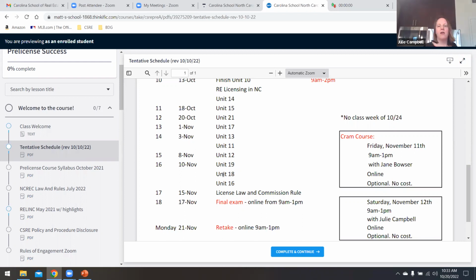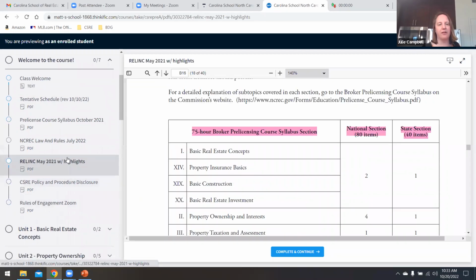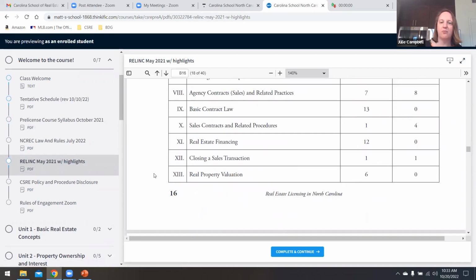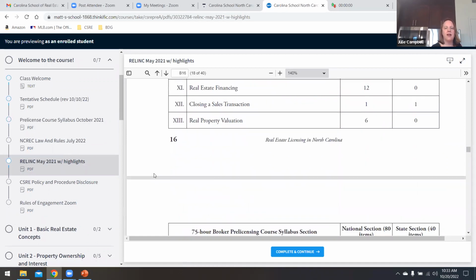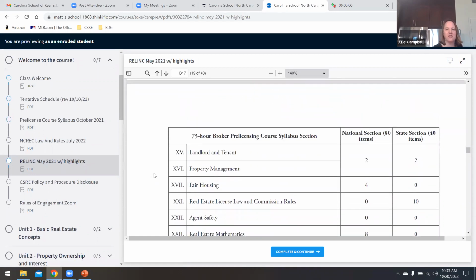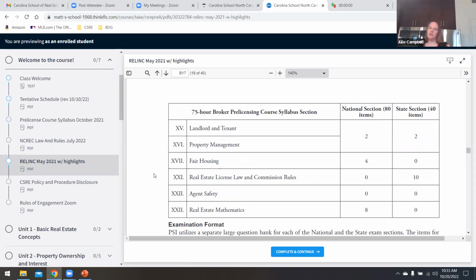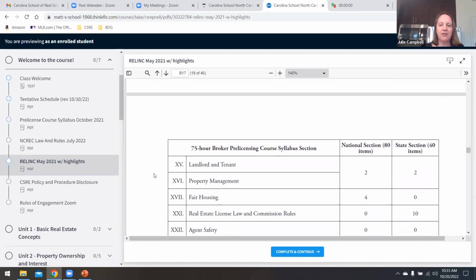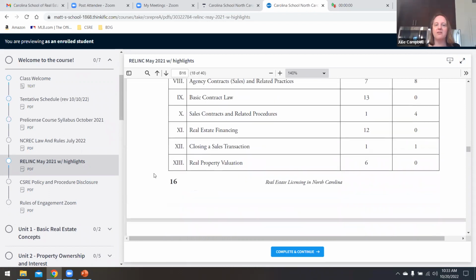The other thing I want to remind you about, in Learn Test Pass, we have the Relink book. This is your real estate licensing in North Carolina. And please remember on page 16, again, it gives you the breakdown of the topics and how many questions you can expect to see on each topic. So again, as you can see, property management, landlord and tenant, you'll see a few questions, 4, but it's nothing like what we saw in 7, 8, 9, and 10.